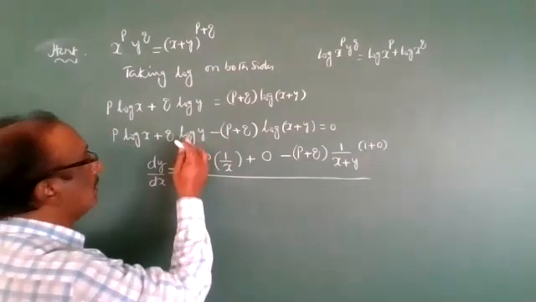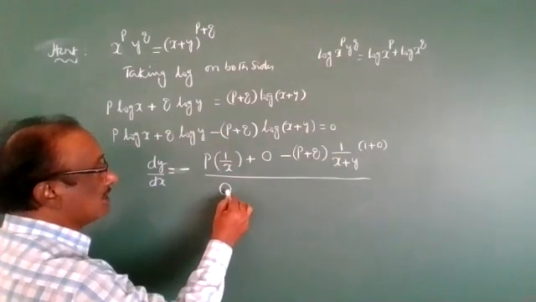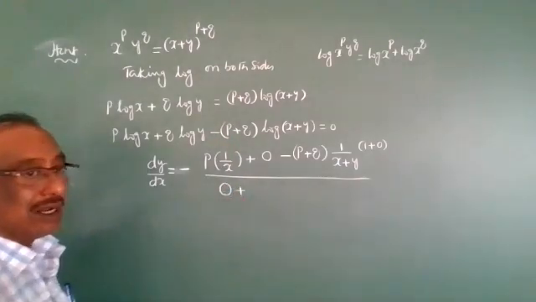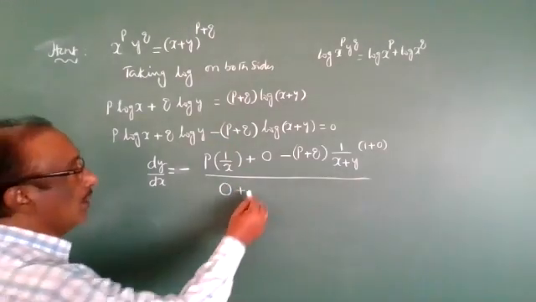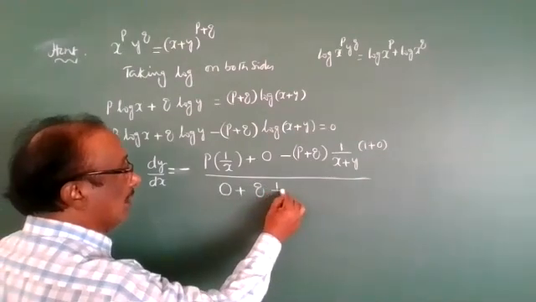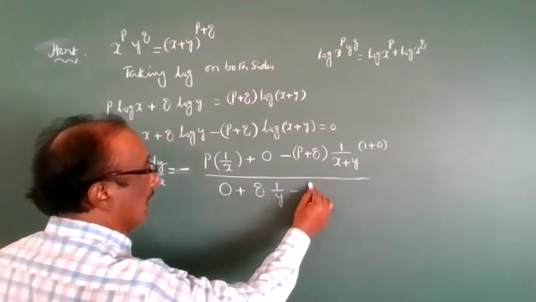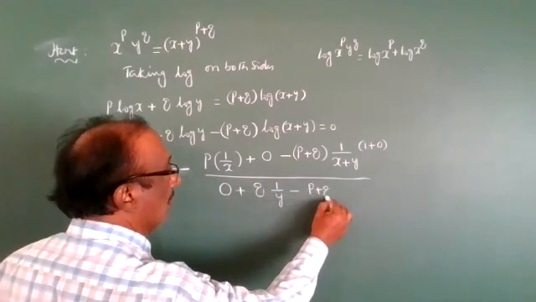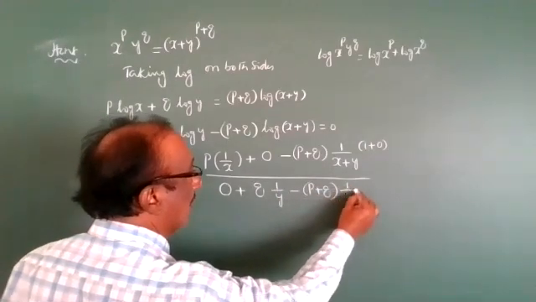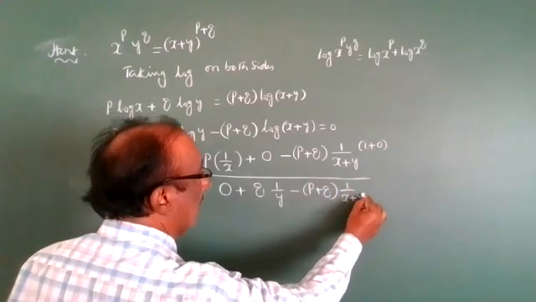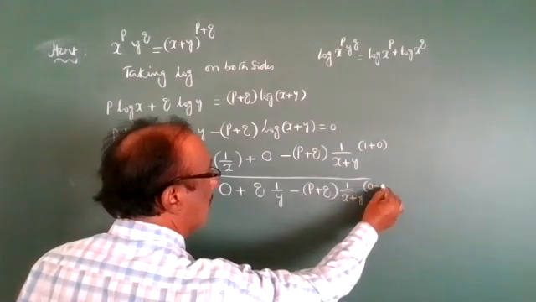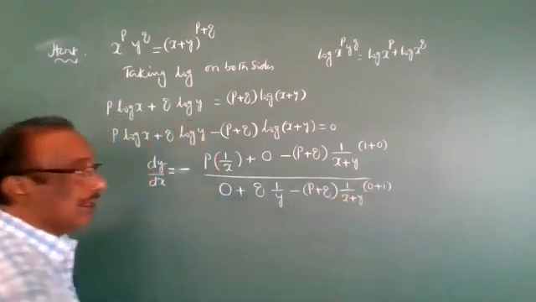Partial derivative with respect to y: p log x is 0, p and log x are constants. Q log y derivative is 1 by y, minus (p plus q), log derivative is 1 by (x plus y), inner function x derivative 0, y derivative 1.